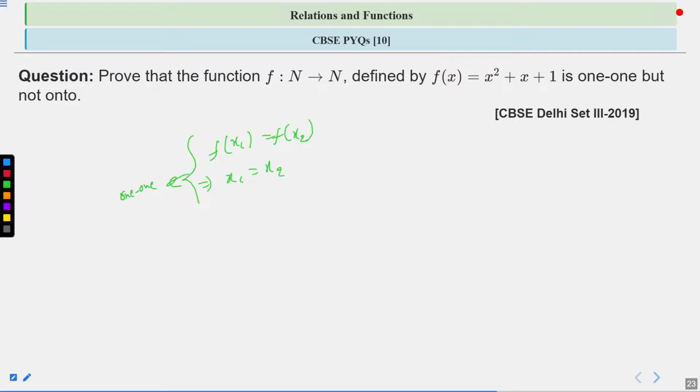Whatever will be the range of this function, it will equal the codomain, which is equal to N. So for onto, the codomain should be equal to the range of the function. So in this way, you can try to think about this question. You have 10 seconds to solve or think about this question. After that, we will discuss the solution part.